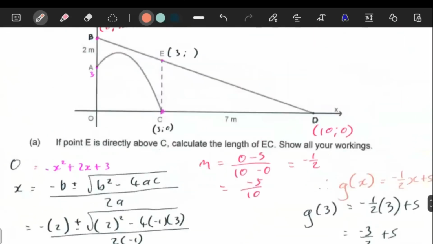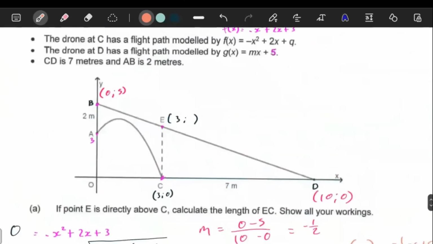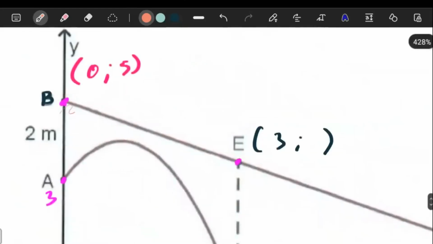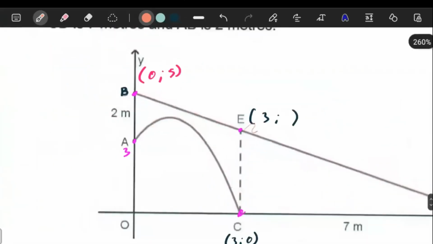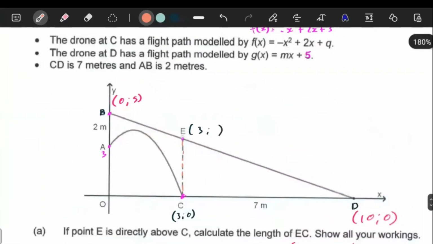Where's DB? There's DB. Let's firstly determine what they're trying to say. You see this flight path here and this flight path over here. This distance here is like a 2, and then it gets smaller and smaller until a certain distance here, and then it gets bigger and bigger again, until this space here.